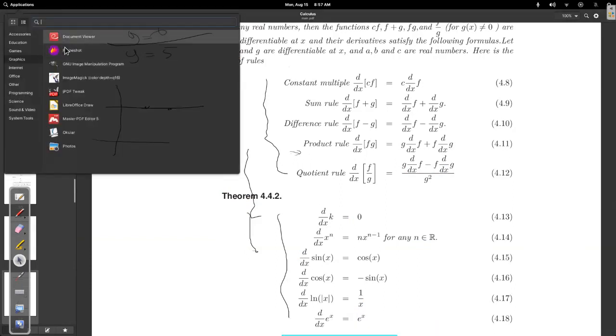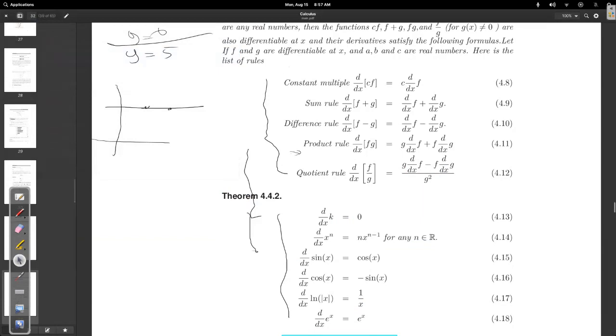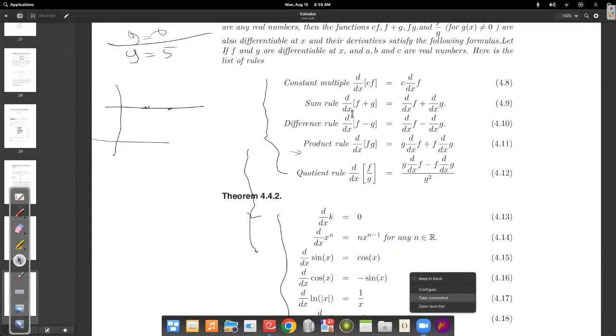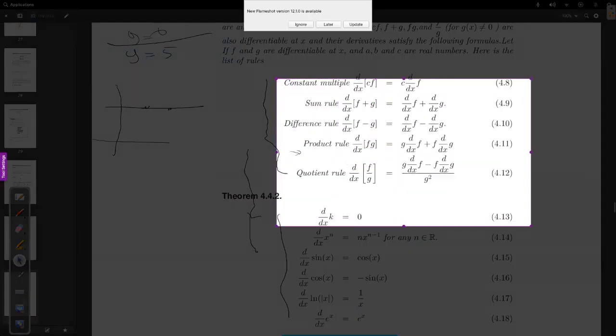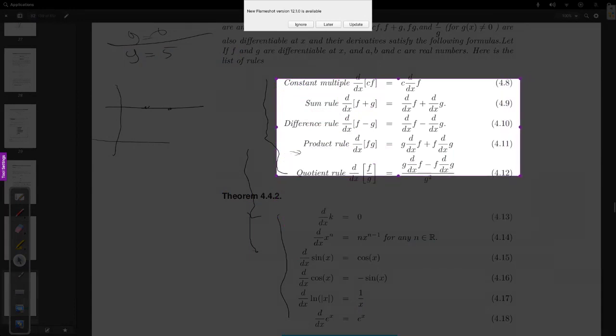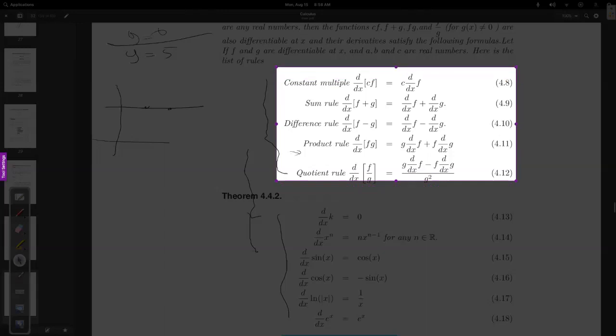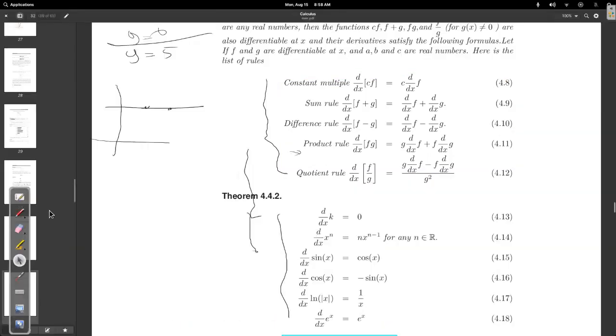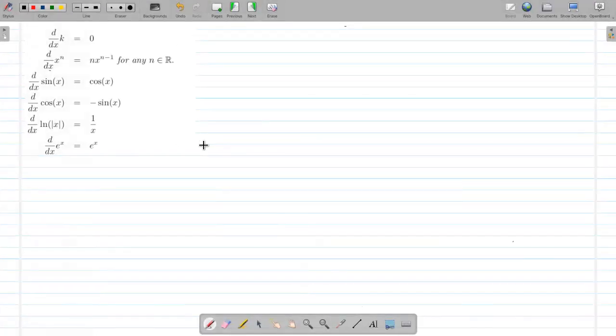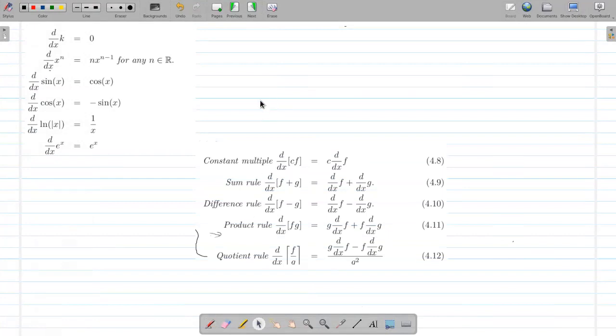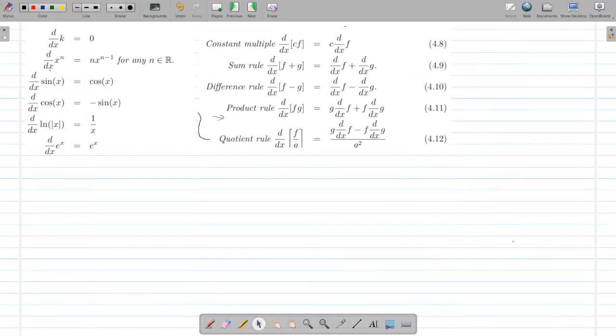Let's go to this one. Now the thing is, if you get compound functions made out of these basic functions, you have to use these rules.